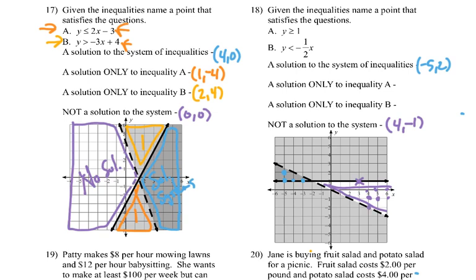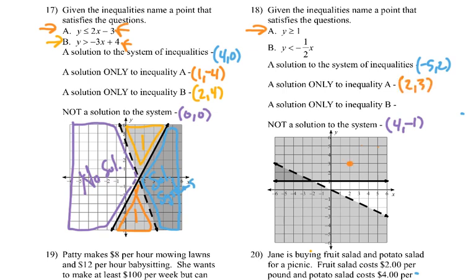Then part B, y is greater than or equal to 1. So y equals 1 would just be a solid line, so it's this solid line here. It's anywhere on the line over here or up above. That would be a solution to just inequality A. So let's go 2, 3.